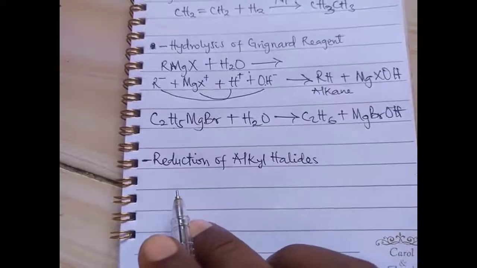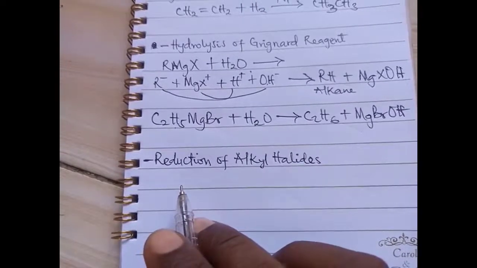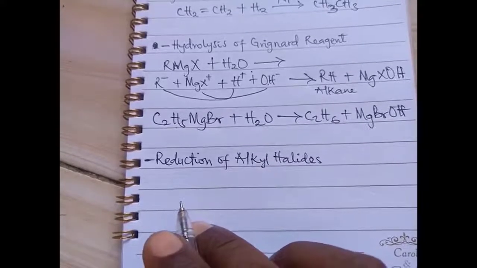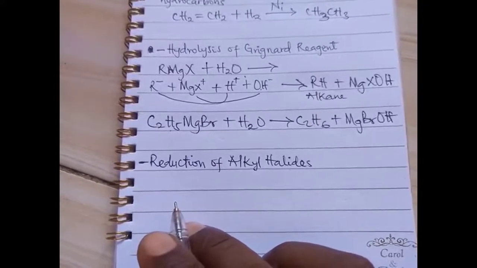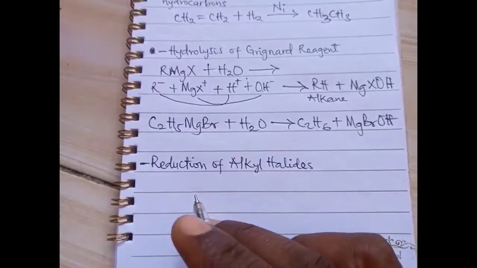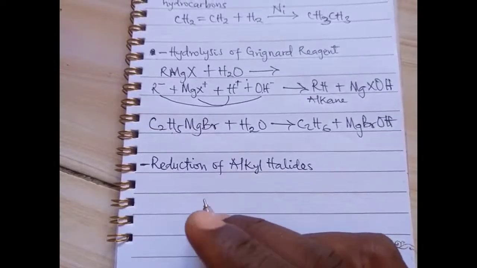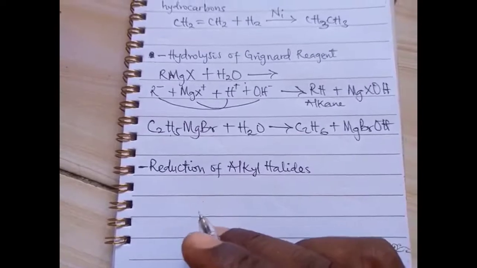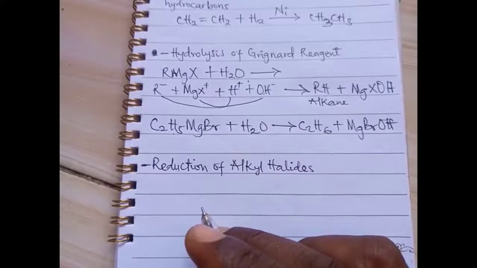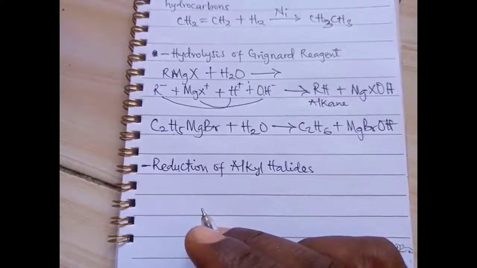Another way we can produce alkane is by reduction of alkyl halides. Now, alkyl halides can be reduced to alkanes in several ways. One of them is by dissolving metals in a suitable solvent. An example is zinc copper couple in ethanol. The reaction mechanism follows the path of electron transfer from the metal to the substrate, followed by addition of protons from the solvent.